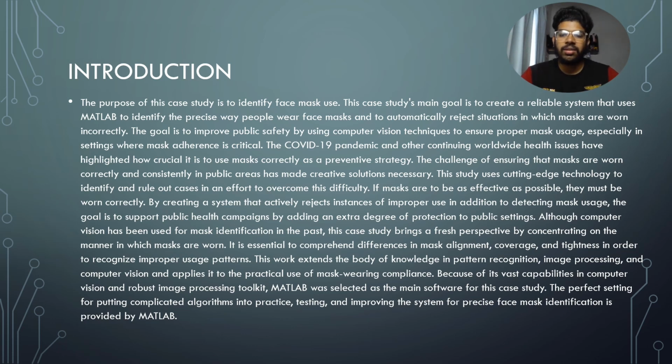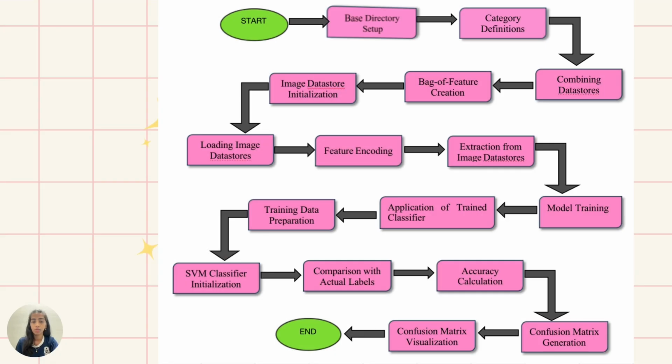Because of its vast capabilities in computer vision and robust image processing toolkit, Matlab was selected as the main software for this case study. Matlab provides the perfect setting for putting complicated algorithms into practice, testing, and improving the system for precise face mask identification. As for the methodology, we started with image acquisition.